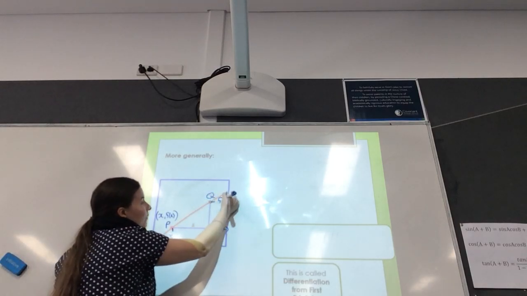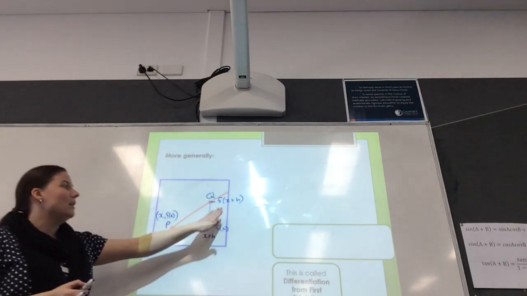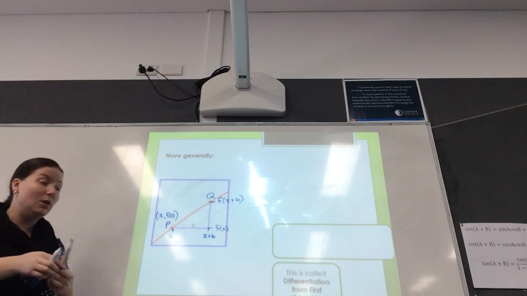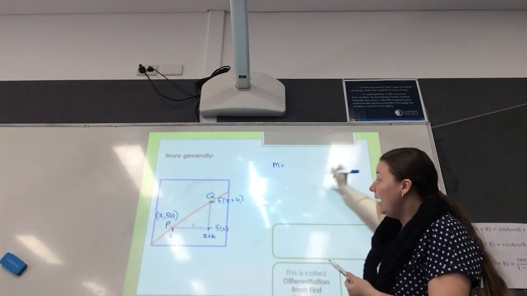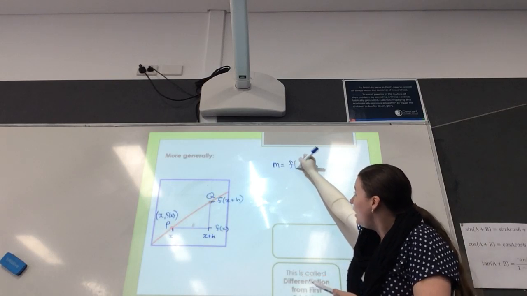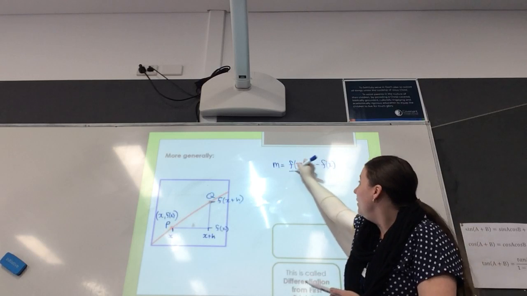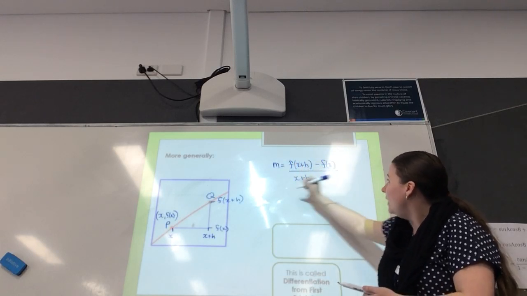So this is f of x plus h, okay? And then remember we talked about the change in y over the change in x, or y2 minus y1 over x2 minus x1.